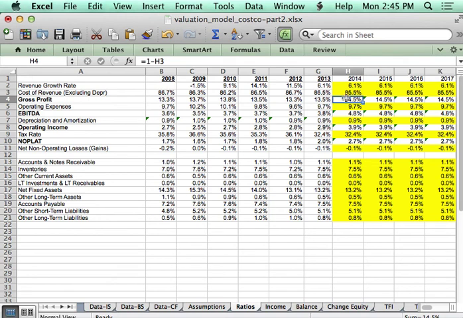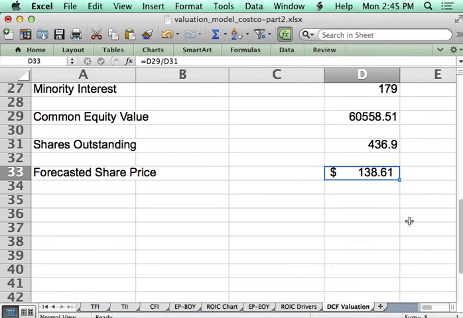That 1% change in gross profit would change my forecasted share price to $139 a share. $45 change in share price by a 1% change in their gross profit margin. Because that's the impact of the cash flows on a company that size compounded out going forward at that growth rate. So this is what I'm saying.